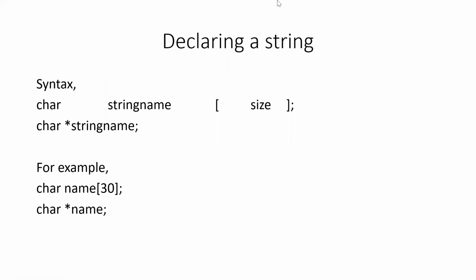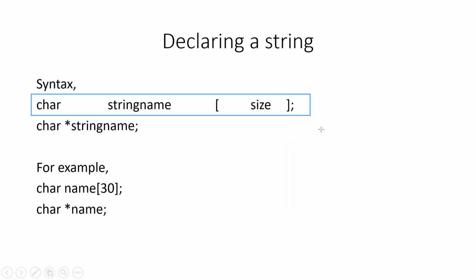How do we declare a string in C? There are two methods using which we can declare a string in C programming language. In the first method, you can declare a string by defining the size of the string just like an array.